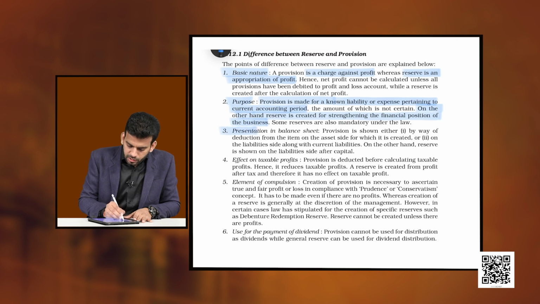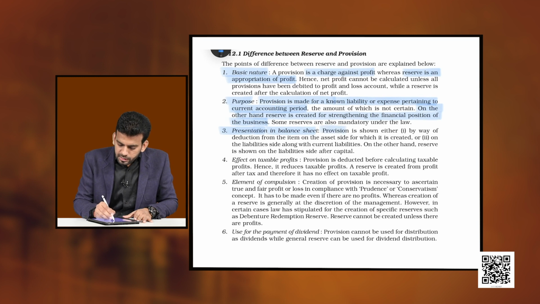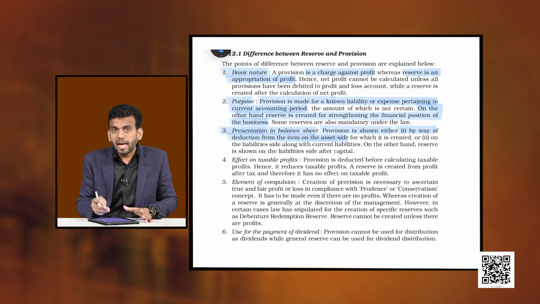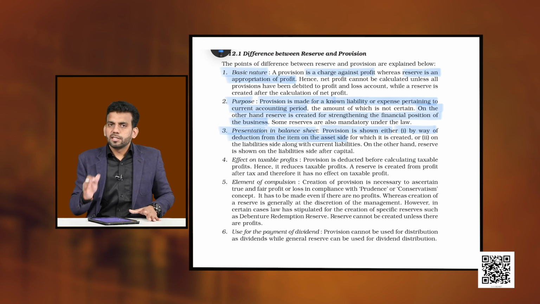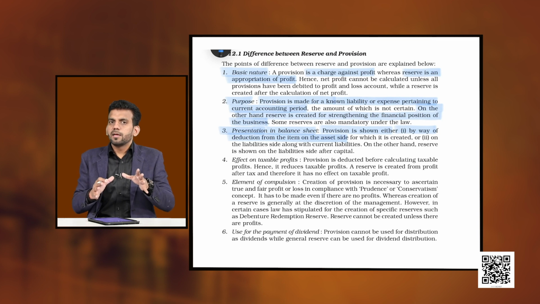Then we have the third difference, presentation in the balance sheet. Provision is shown by way of deduction from the item on the asset side. For example, debtors are 68,000 and you feel that 6,000 would be the future doubtful debt.